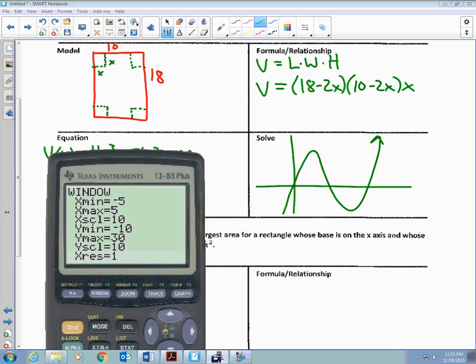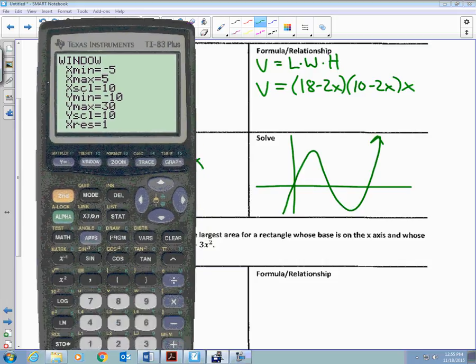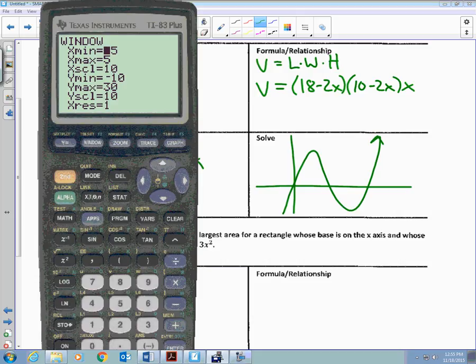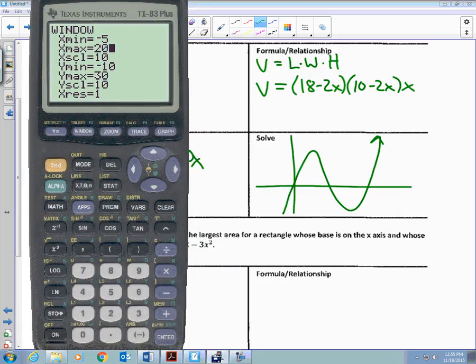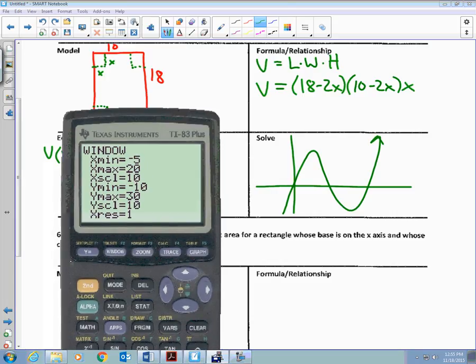But would you agree that I for sure can't cut 20 off? I mean, that's just absolutely silly, right? So I'm going to set my minimum to -5. I'm going to go my maximum all the way up to 20. That way, I'll for sure see everything I need to see. I don't need to go to 100. We know that it should be between 0 and 5. And then let's look at the y value. What does the y value represent in this problem?